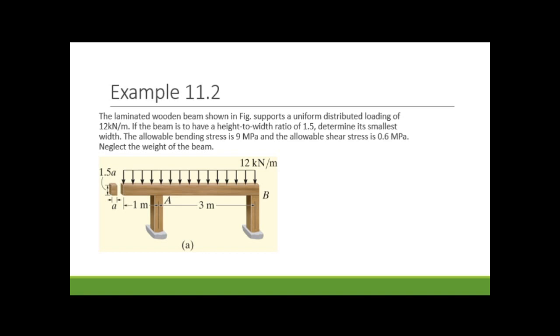So we are finding the minimum value of A, the smallest width, to resist both shear and bending stresses.